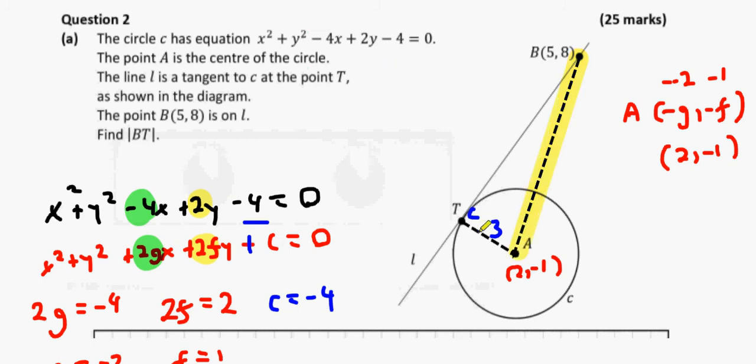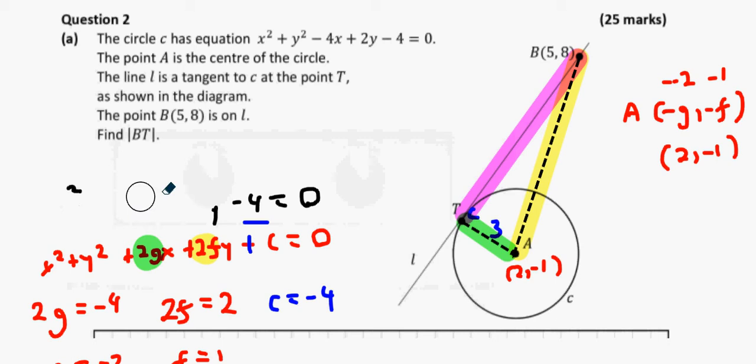I know the green line because it's the radius. And then I can go for the pink line, which is this one here, and use Pythagoras' theorem to find the pink line, which will answer the question. Very handy. So I'm just going to get rid of all this, and we'll try it out now.